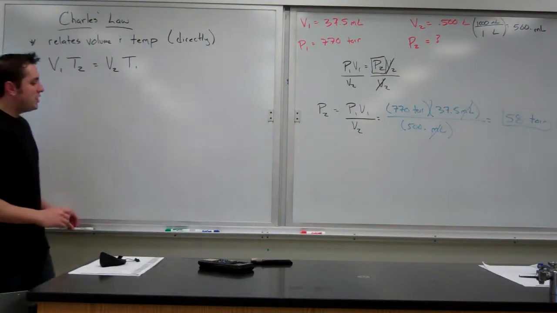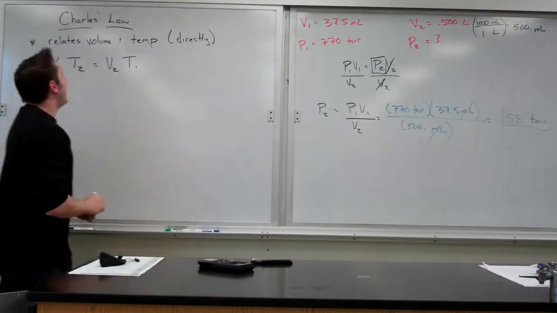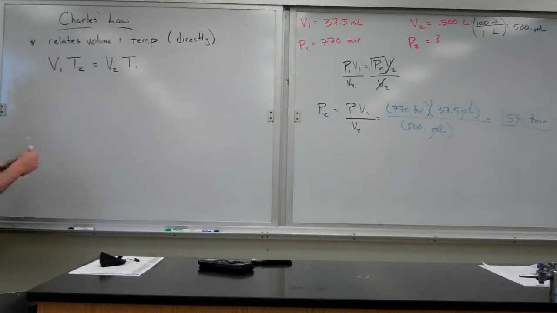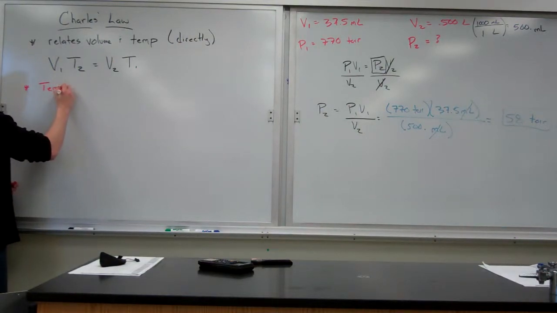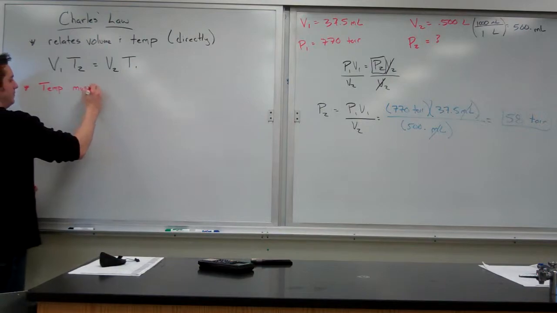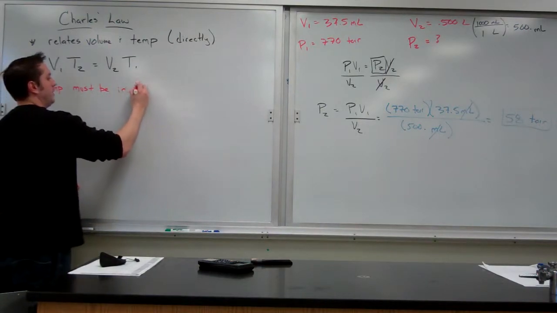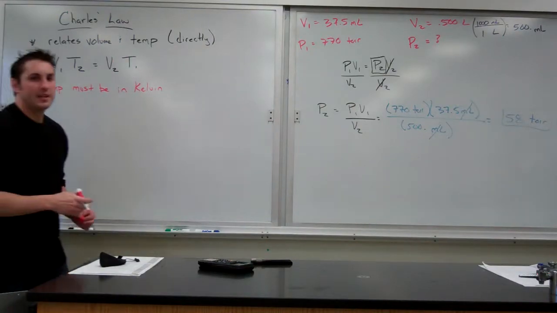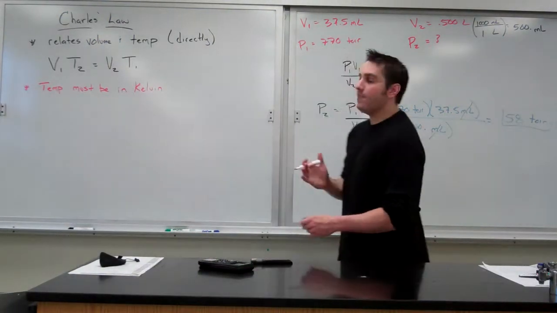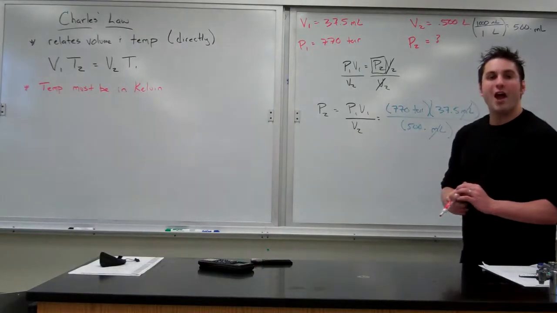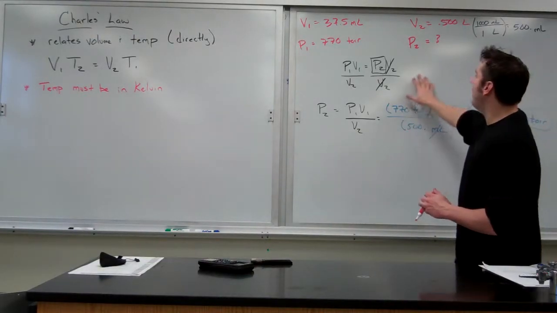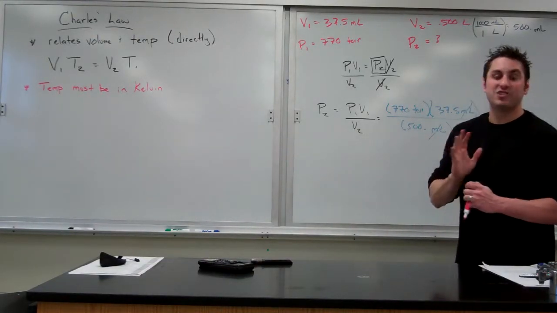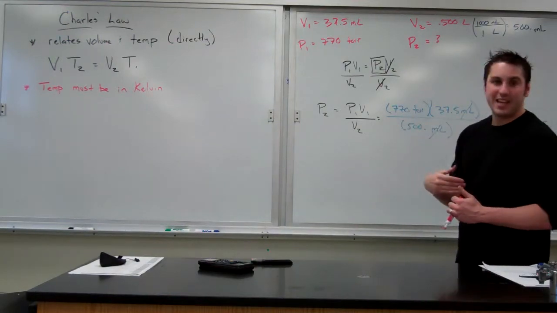The biggest thing you need to remember about gas laws is temperature always has to be in Kelvin. Why does the temperature have to be in Kelvin? The equations only function if there are not negative numbers. Only one of our temperature scales does not possess negative numbers. It is the Kelvin scale.